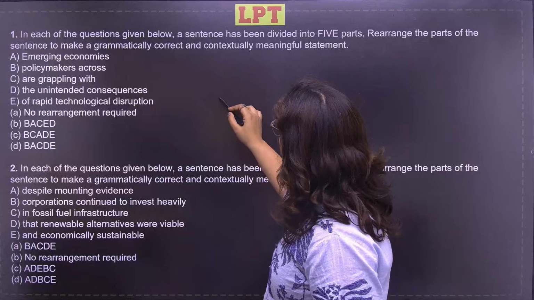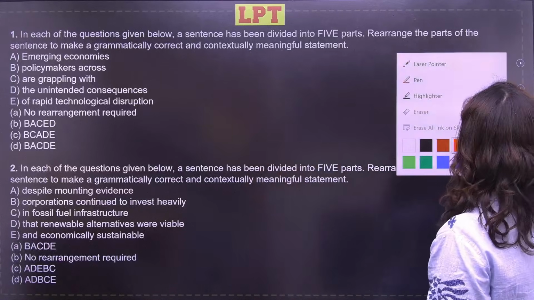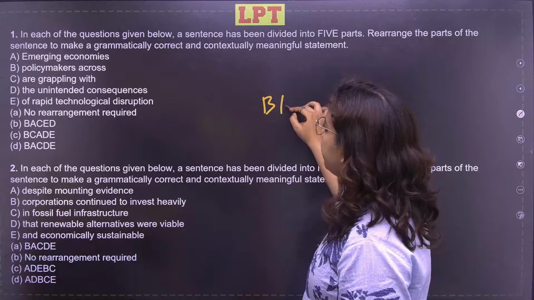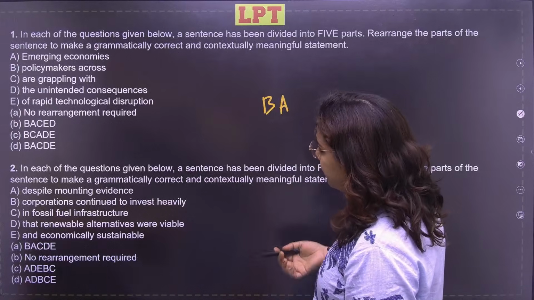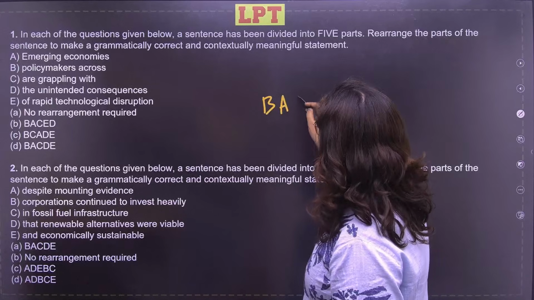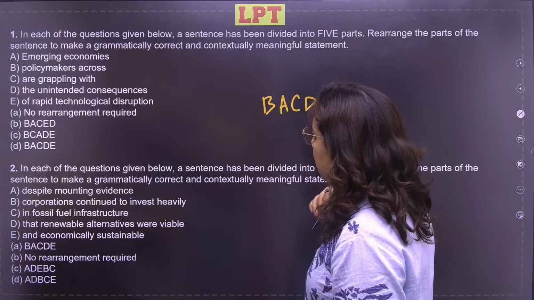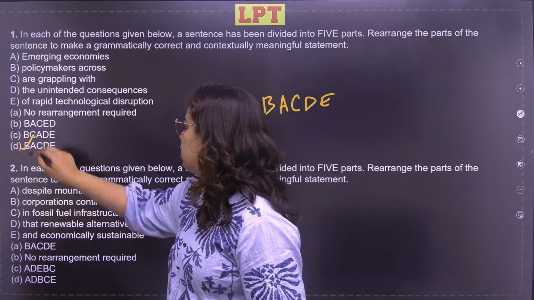Yes, so policymakers across emerging economies are grappling with the unintended consequences of rapid technological disruption. So B, A, C, D, E is my answer. Out of the 4 options, option D is my answer.